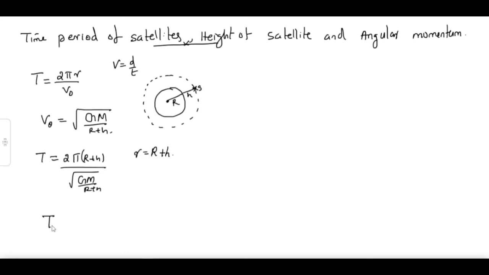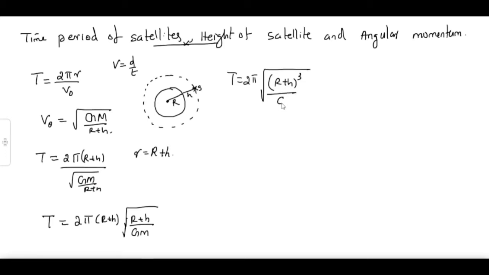We can rearrange this equation. We can write here 2 pi into R plus h into square root of R plus h divided by GM. R plus h, which is outside, you take inside the square root. So we can write here T is equal to 2 pi square root of (R plus h) the whole cube divided by GM.